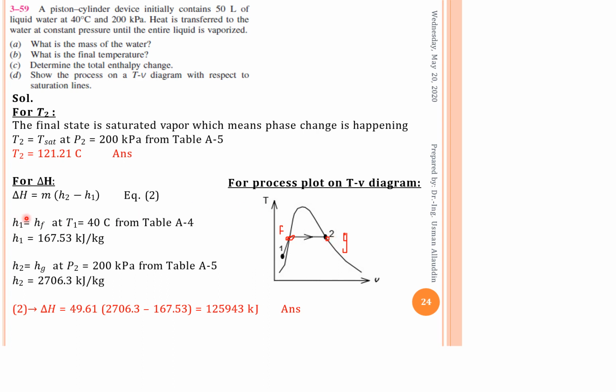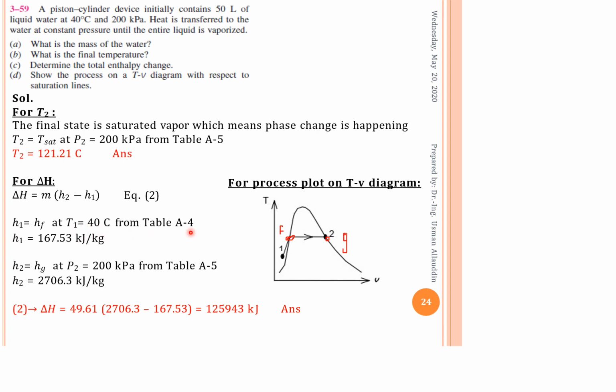So in order to find our delta H, we have studied this formula in chapter number 2, which is mass multiplied by enthalpy, H2 minus H1. So this is final enthalpy, this is initial enthalpy. In order to find the initial enthalpy, we have this formula, H1 is equal to HF at 40 degrees Celsius.